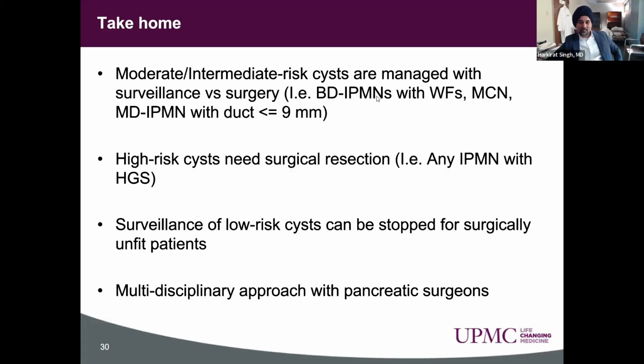These are usually branch-duct IPMNs with one or more worrisome features, MCNs usually less than 3 to 4 centimeters in size, and main-duct IPMNs where the duct hasn't reached 10 millimeters yet. For high-risk cysts with high-risk stigmata, we recommend surgical resection unless there's a contraindication.